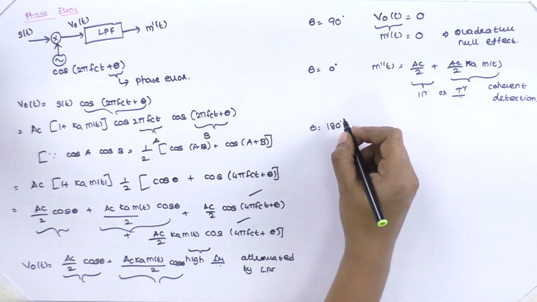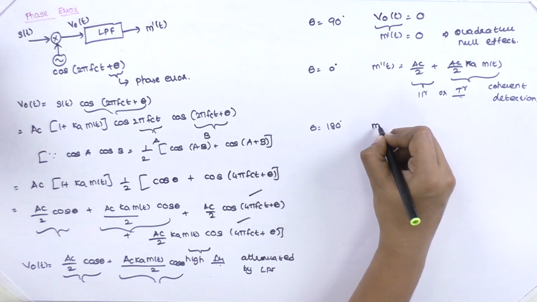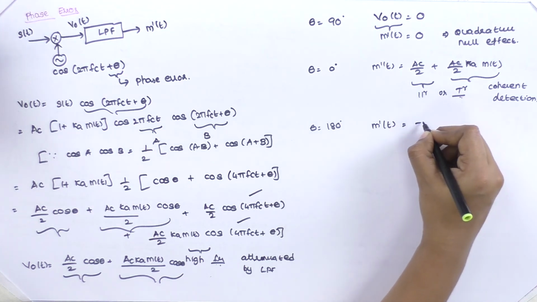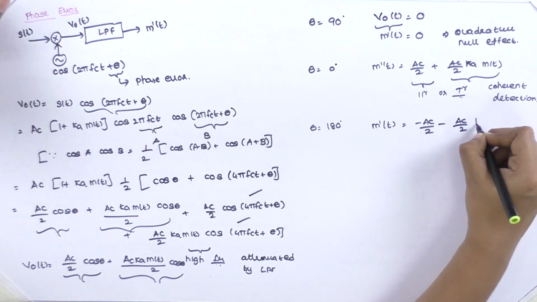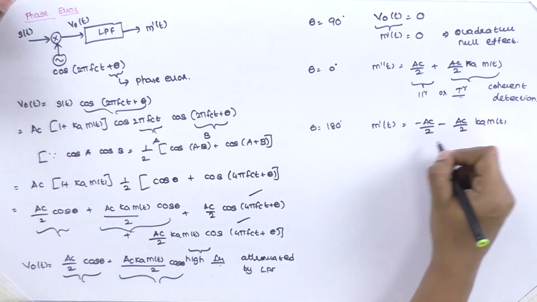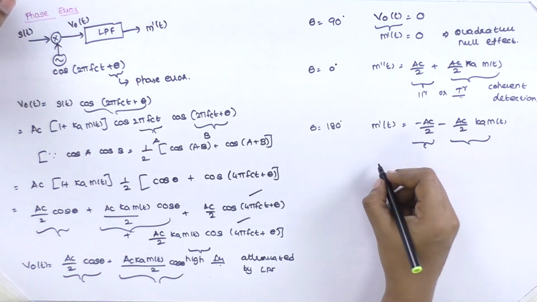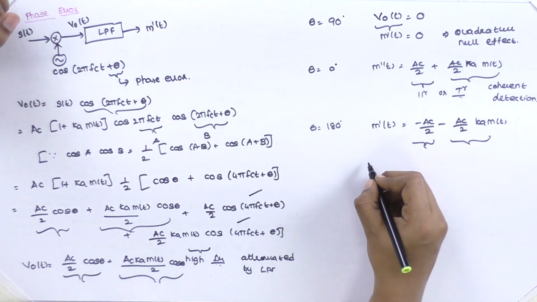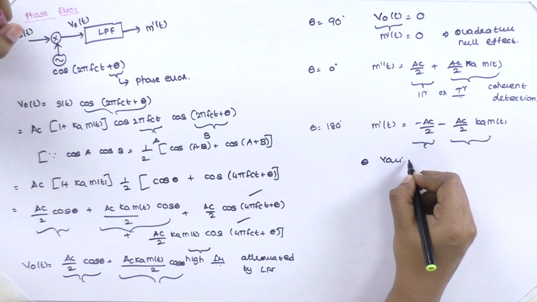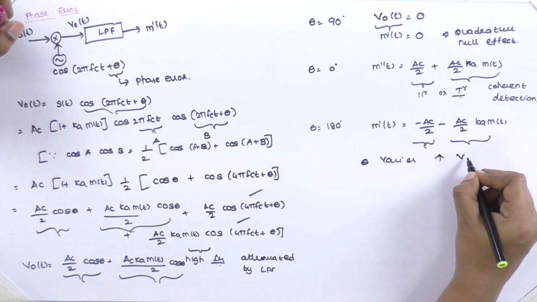Theta is equal to 180 degrees. If we take this as a third example, then m dash of t is equal to minus AC by 2 minus AC by 2 Ka m of t. Here we have an inverted signal. Therefore, it is inverted and in phase by 180 degrees. Therefore, theta varies with amplitude.